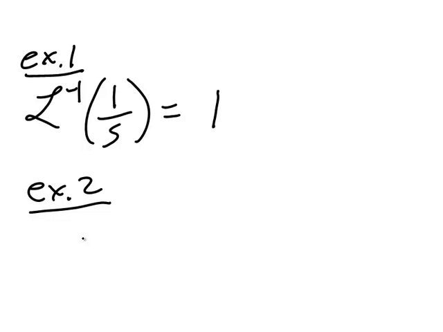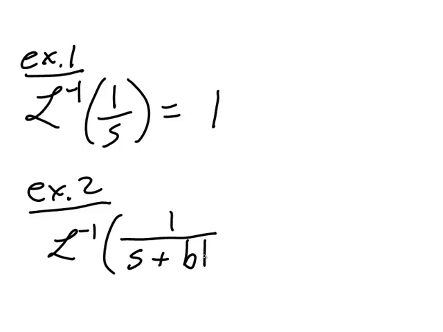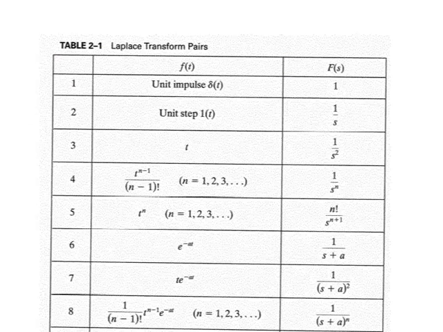For this second example, let's take the inverse Laplace of the function 1 over s plus bk. Here, b and k are constants, and s is our variable. So we want to look at the Laplace transform table and see if this function matches anything on the table.